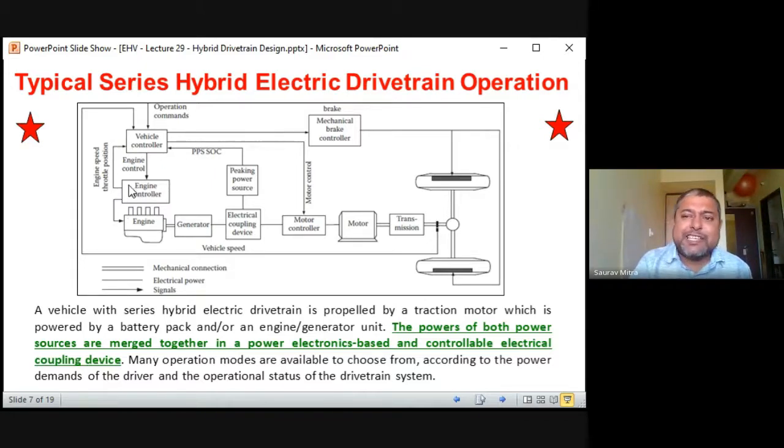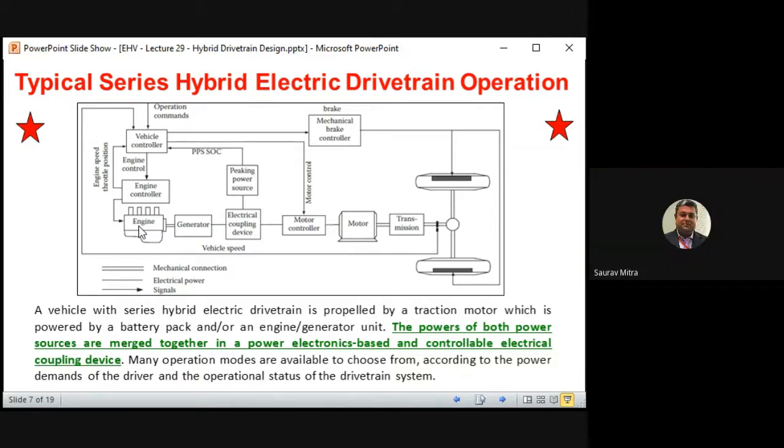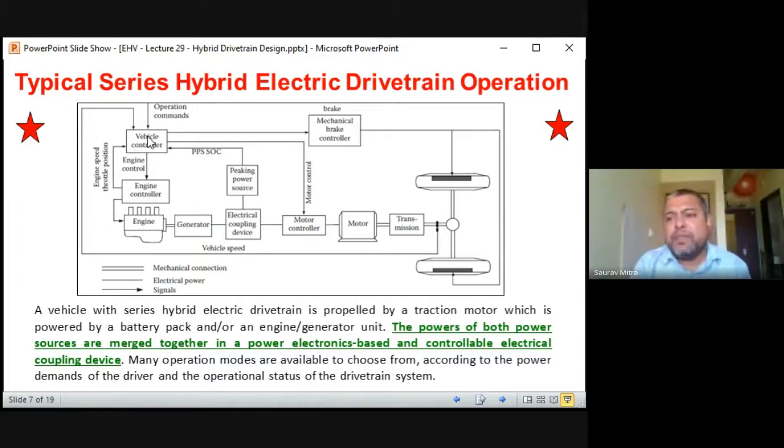Whatever the status of the engine is, that is fed back to the vehicle controller by the engine controller. All the positions and the status of the engine are continuously sensed by the engine controller. The engine controller gives the signal to the engine, and in the engine there might also be some sensors, so all those sensed signals come back to the engine controller, and the engine controller gives all those signals back to the vehicle controller.